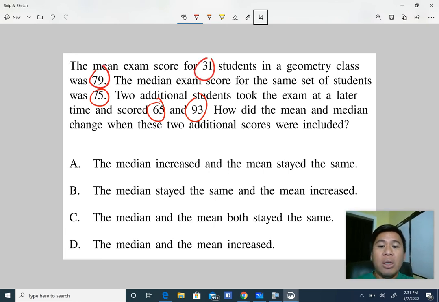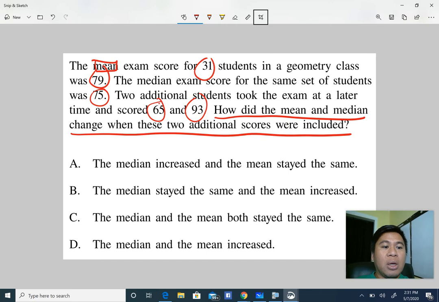How did the mean and the median change when these two additional scores were included? Again, 79 is the mean, 75 is the median, and two additional scores were added to the data set. What will this do in terms of changing the mean, median, or even the mode for our case?